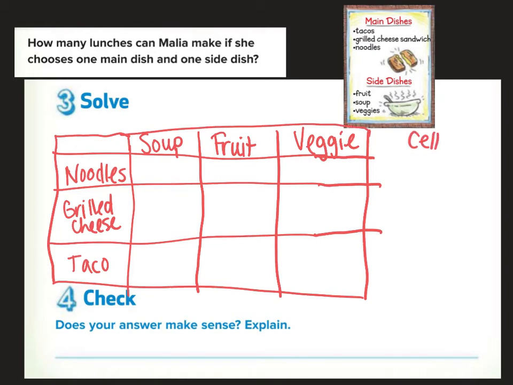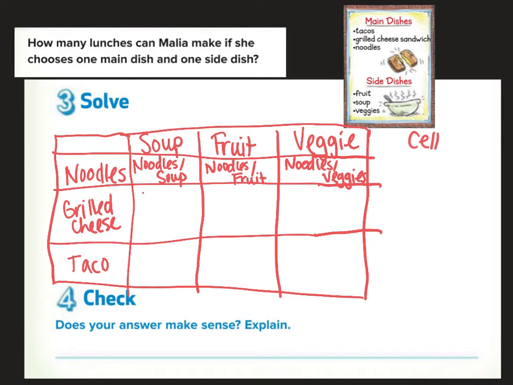Cells. Okay, so first one. She could have noodles and soup. She could have noodles with fruit. She could have noodles with veggies. Okay, so we've got 3 options with noodles.